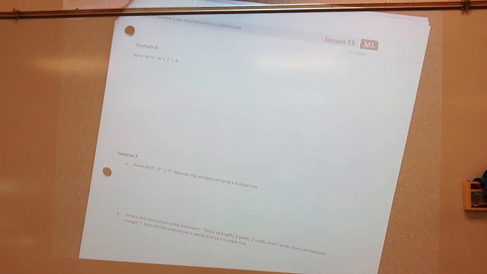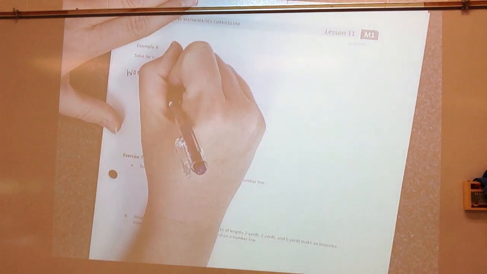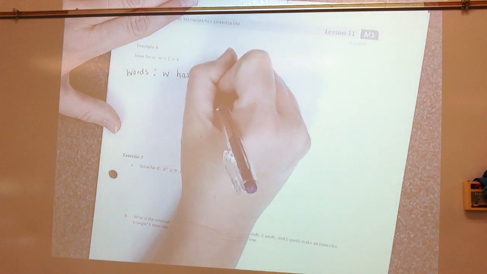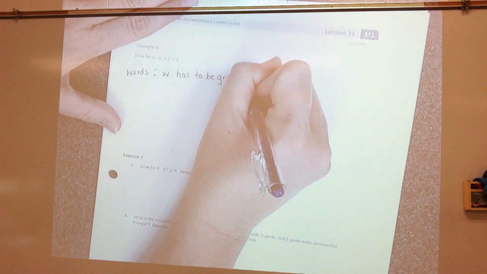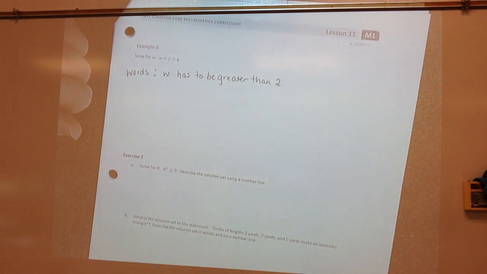So if I were to look at this in words, w has to be greater than 2. If I put 2 in there, it wouldn't be right. But as long as it's greater than 2, I'm good.